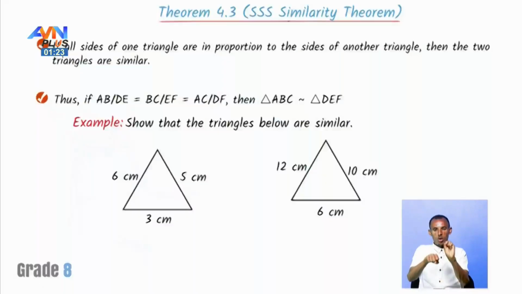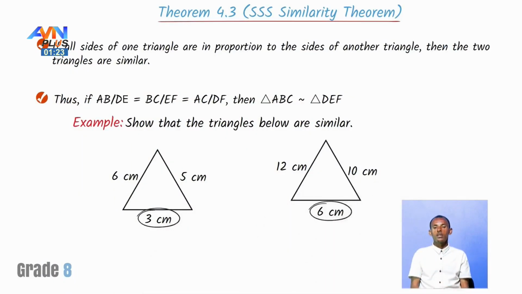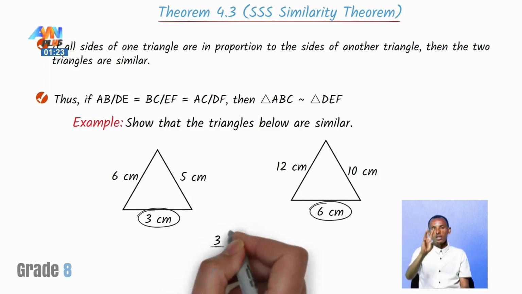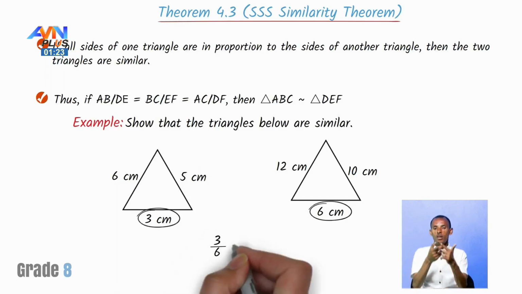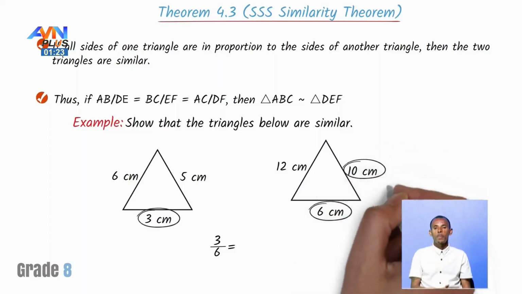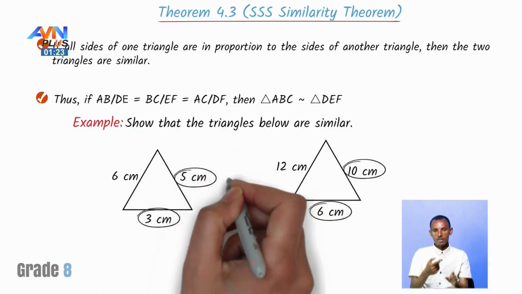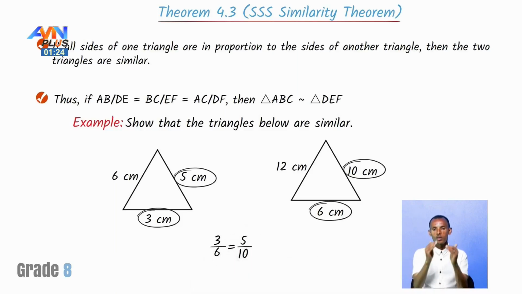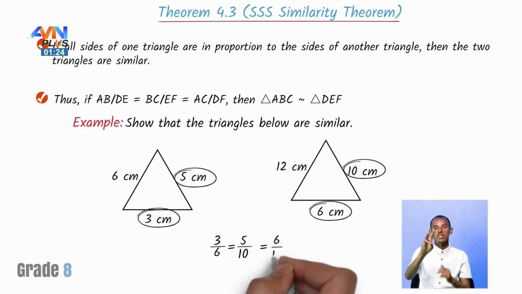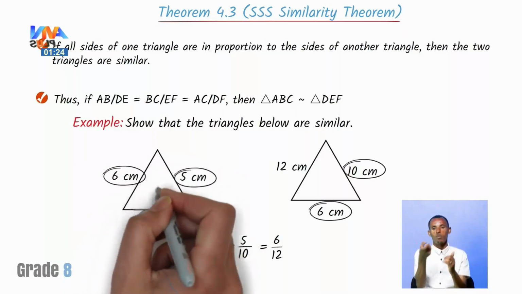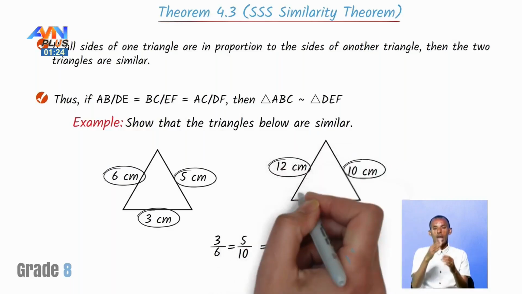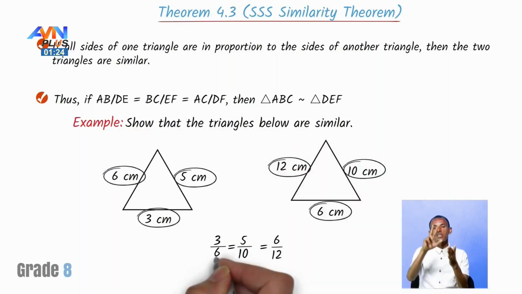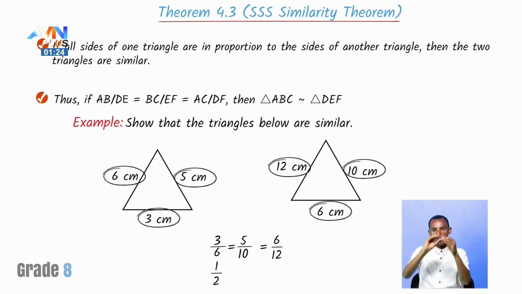So if you take this number over this, 3/6, the second ratio, you compare these two, you take this over this, 5/10, and lastly compare 6/12, okay? Now, to be able to compare these three fractions, you need to convert these numbers to their simplified form.